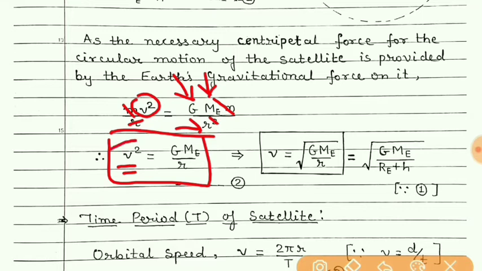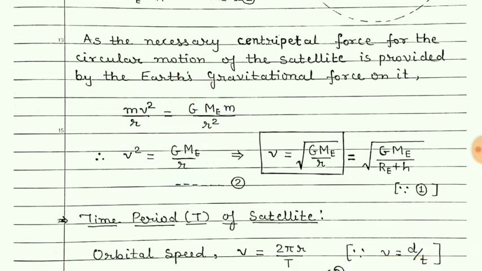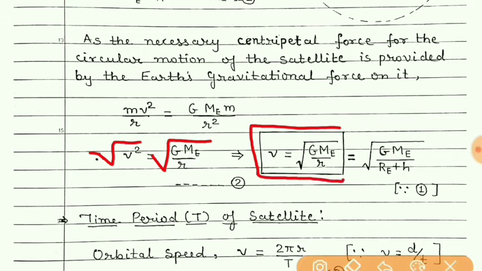Now this is v square, but we simply want v only, that is speed. So taking square root on both sides of this equation, we get v is equal to root of G Me upon r.